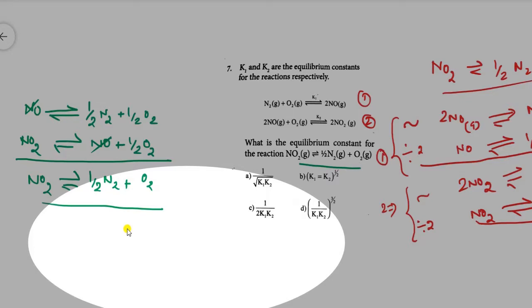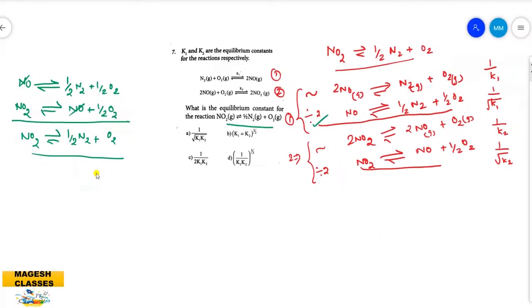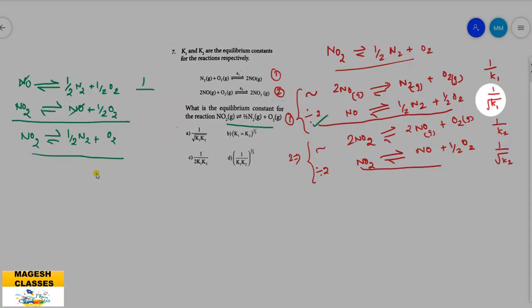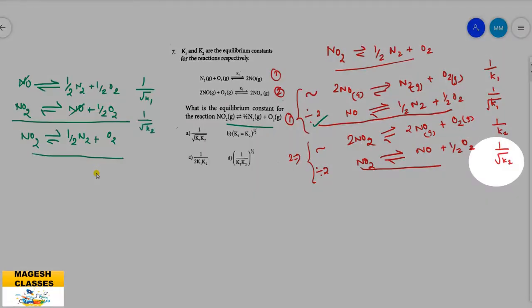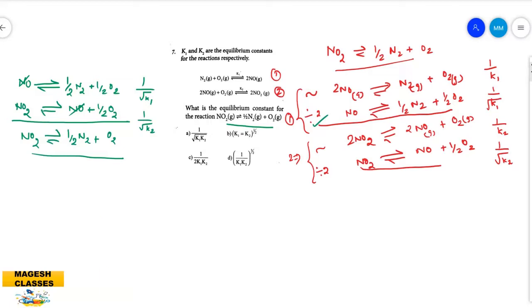And what is the value for this equation? It is 1 by root of K1, and this is 1 by root of K2. When the equations are added, the magnitudes of the equilibrium constants are multiplied.